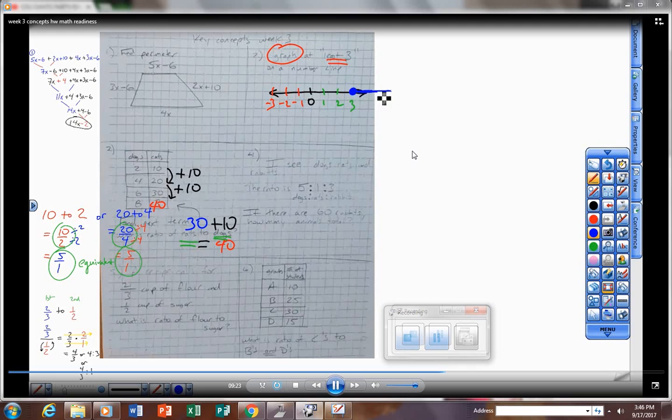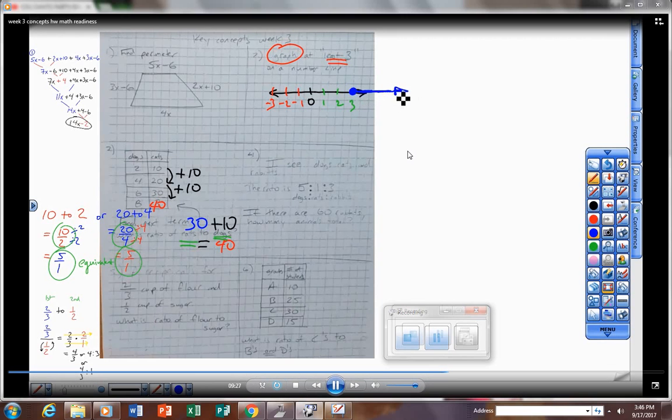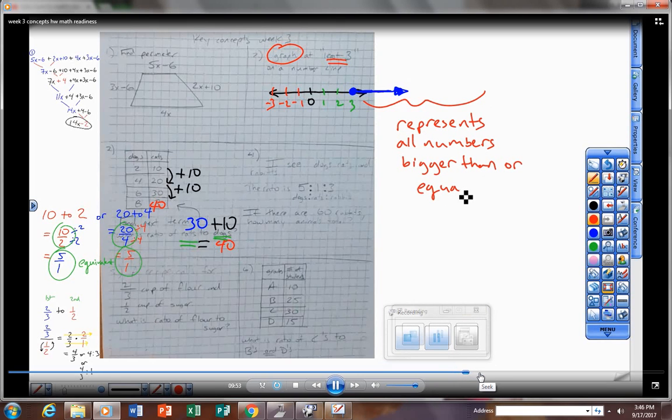That is at least 3. So make sure you're okay with that. At most 3 would be numbers to the left of 3, but let's just focus on at least 3. And then again, that represents all numbers bigger than or equal to 3. At least 3.